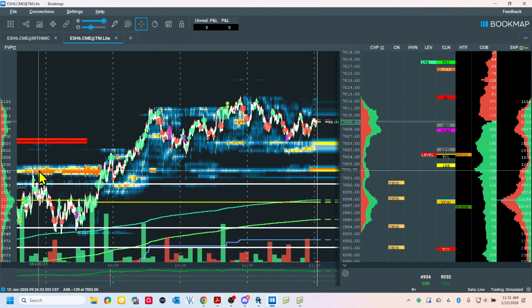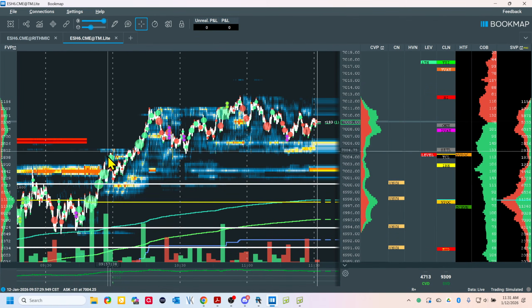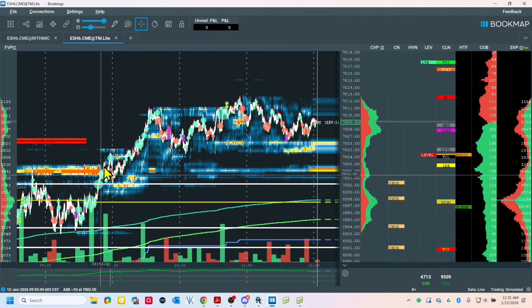So we have something called the IB continuation trade. So we have this is long, we have this is long. It's structured. When you break the IB, which is this, we break the IB here and we pull back out here. This can be long here. And let me show you a little more of it.